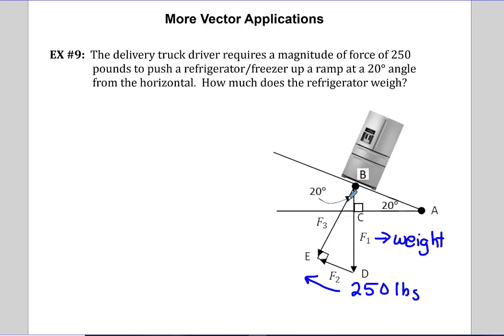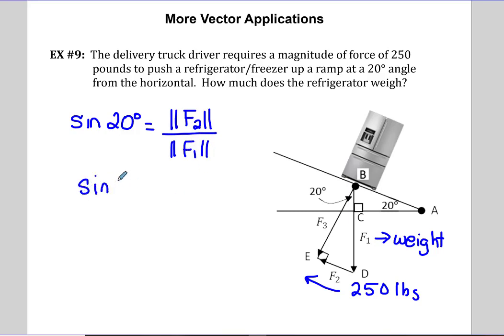This is our angle. We could do sine of 20 is opposite over hypotenuse, and then we can solve for the weight. So that looks like sine of 20 degrees is the opposite. So the opposite is the force that the driver's using, and the hypotenuse is the weight of the refrigerator.